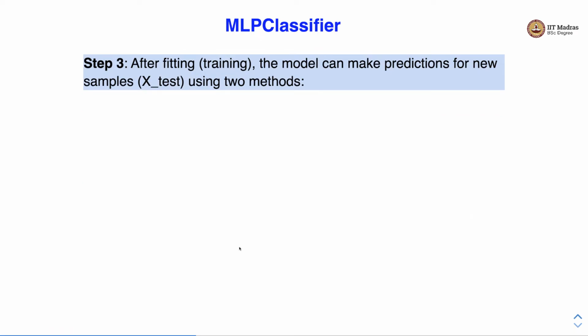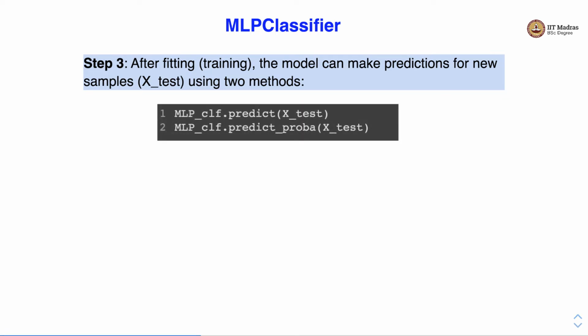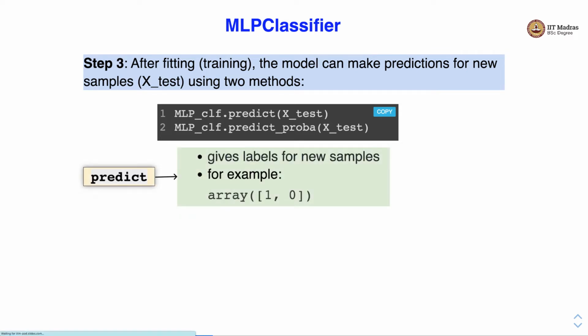In the third step, after fitting the model, we can make predictions for new samples using one of two methods. We can use predict to obtain the class labels and predict_proba method to obtain the probability distribution over k different classes. So predict, as I said, gives label for new examples.